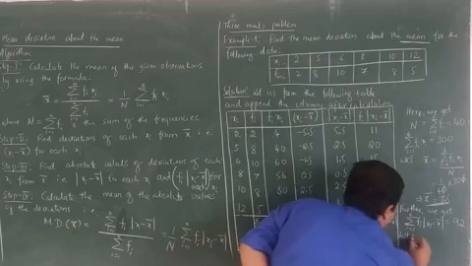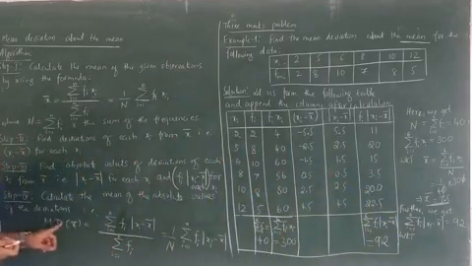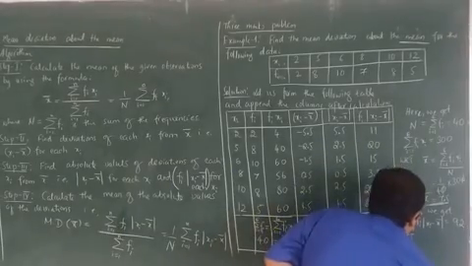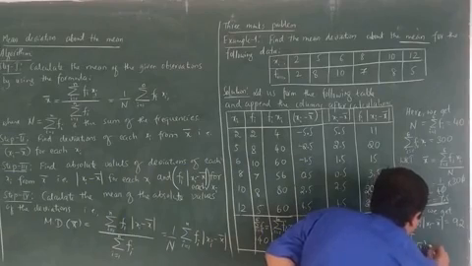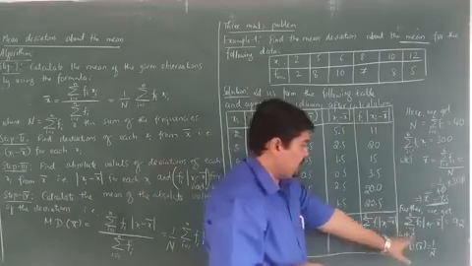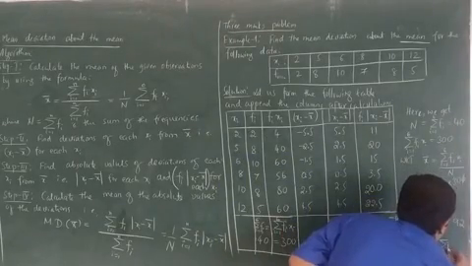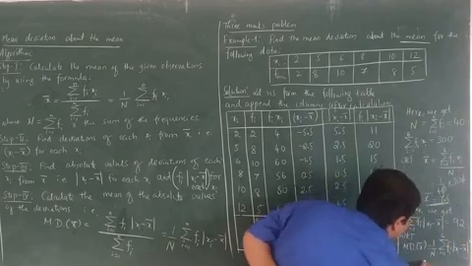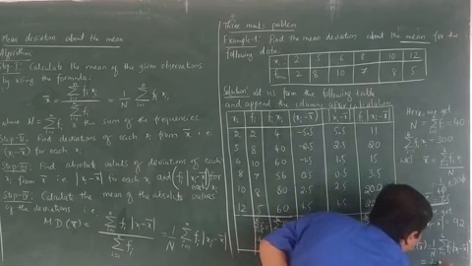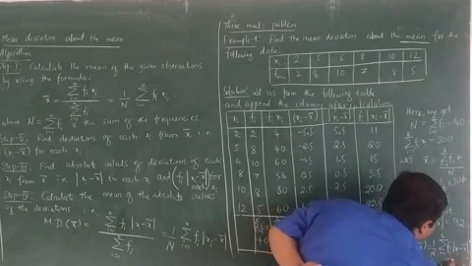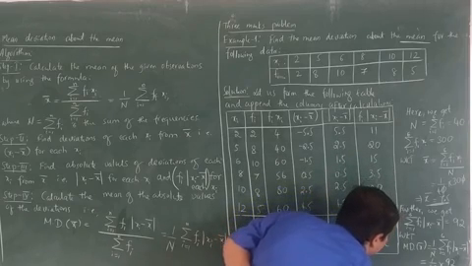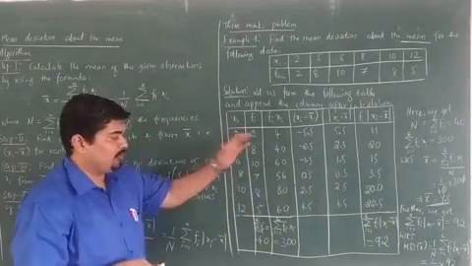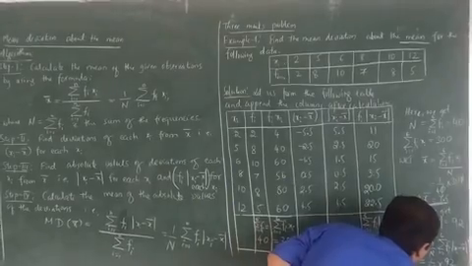We know that the mean deviation about the mean is equal to 1 divided by the number of observations into this parameter, summation of fi modulus of xi minus x bar, i running from 1 to 6. Substitute 1 divided by 40 into 92. If you carry out the calculation, you get the mean deviation about the mean for this discrete frequency distribution table as exactly equal to 2.3.